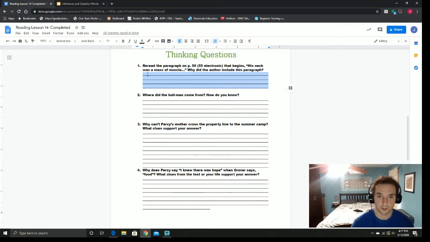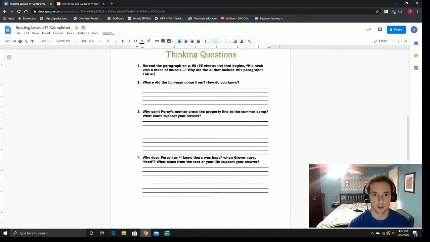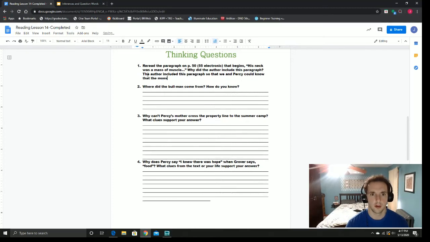So the author included this paragraph so that we and Percy could know that the monster was the Minotaur. I guess the Minotaur should be capitalized. It's just the one.